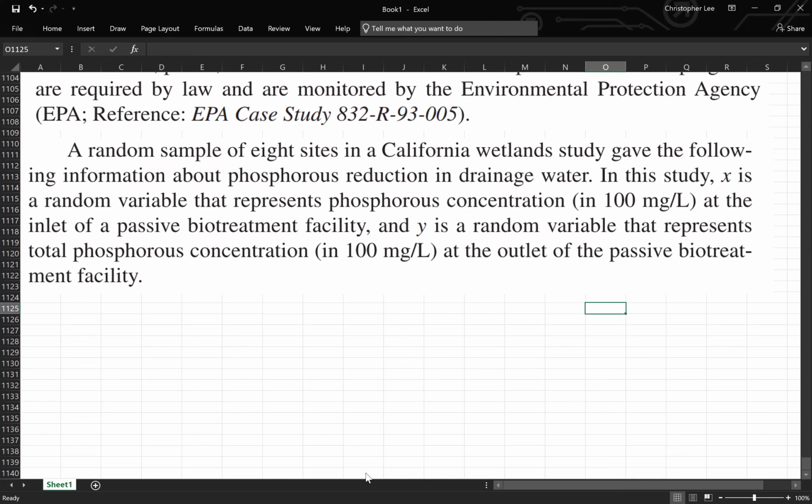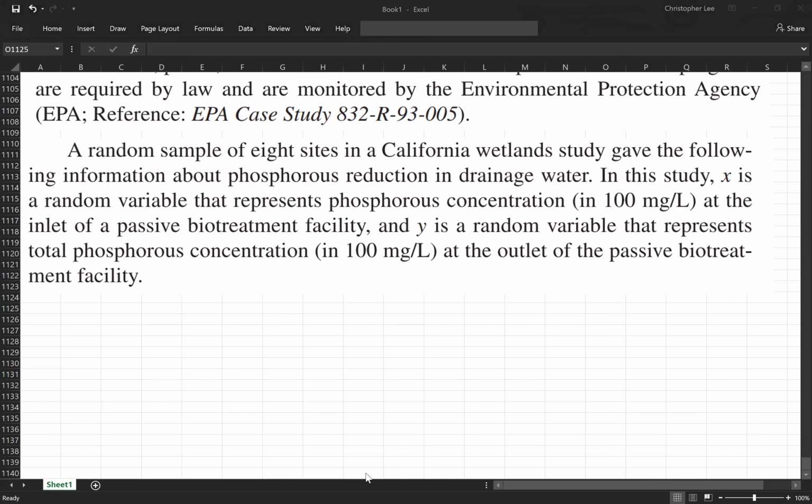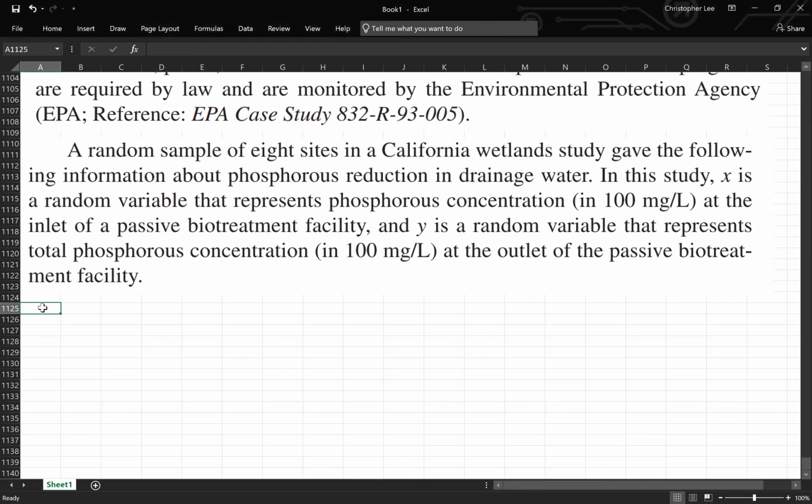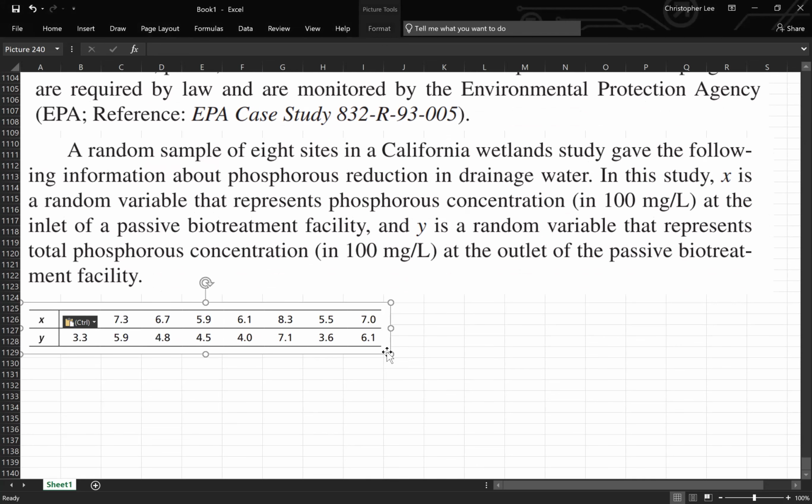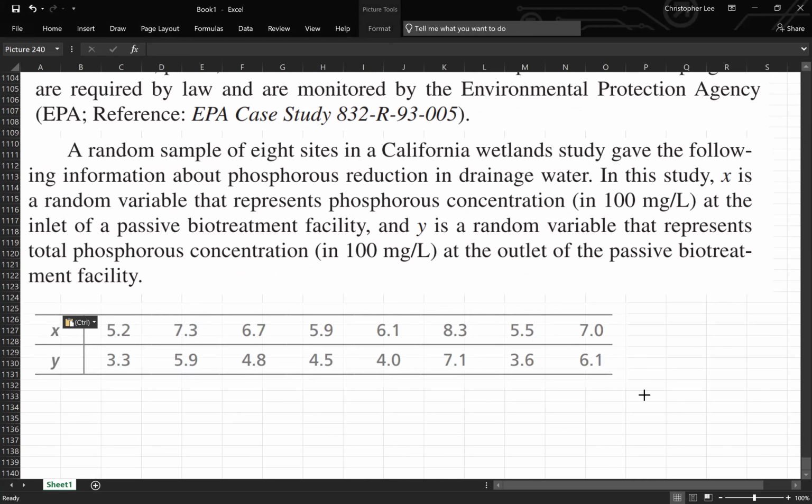So here we go. All right, that's our data.